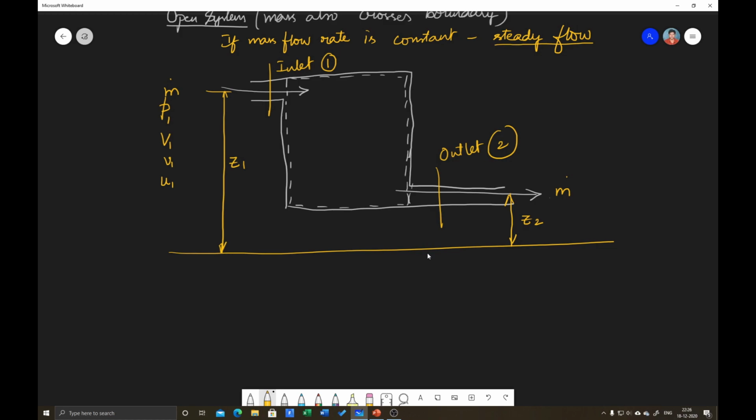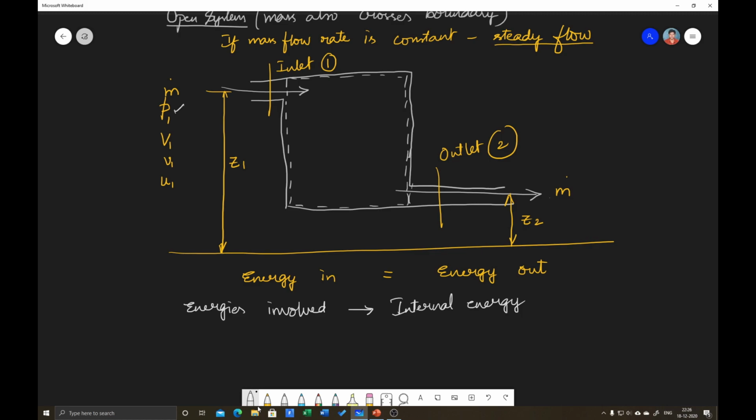So we are saying if we apply the first law of thermodynamics to an open system, whatever energy goes in should be equal to the energy coming out. We'll see what energies are involved here. It has some internal energy, mainly due to temperature. If it has pressure and volume, then flow energy will be there.